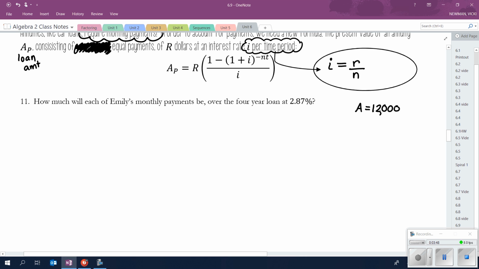This asks us how much will each of Emily's monthly payments be over the 4-year loan at 2.87% interest. So what information have we gotten from there? Okay, so 12,000 we have. What else?